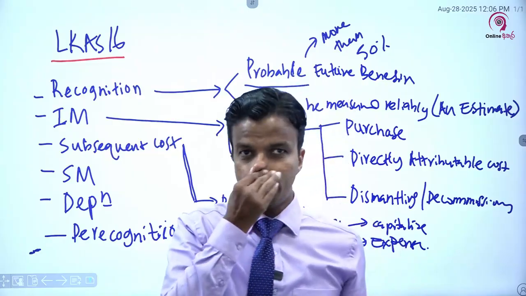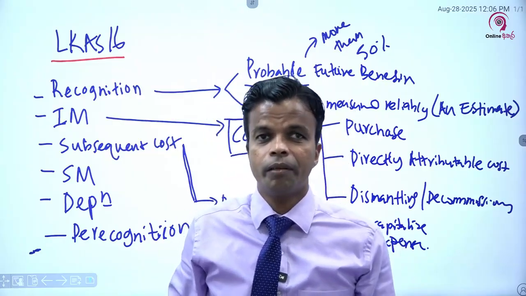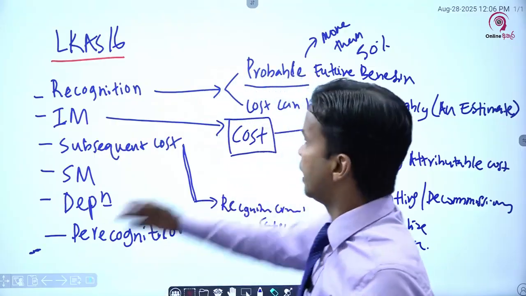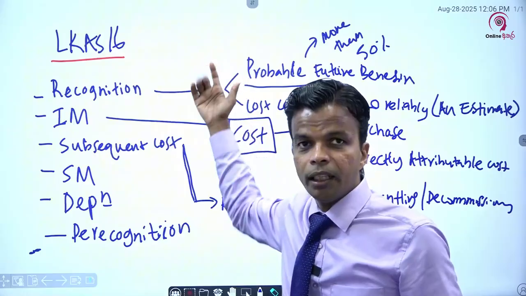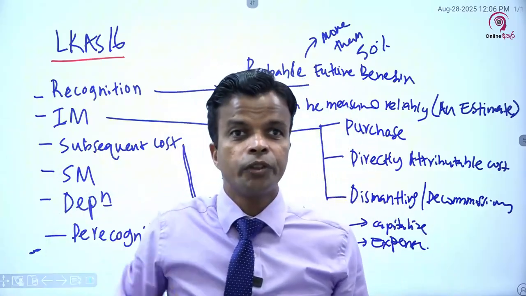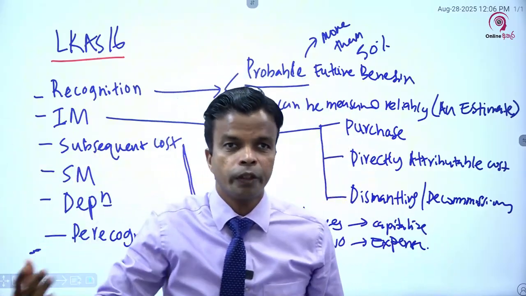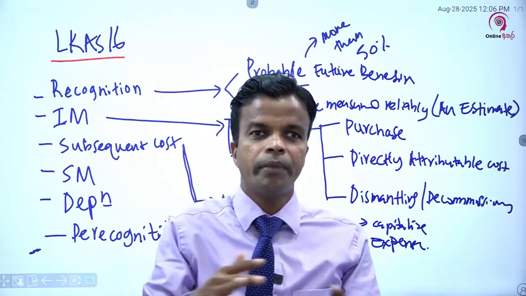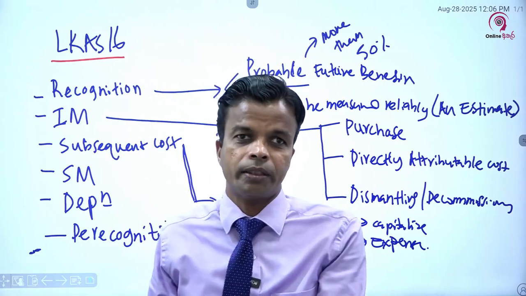So, normally repairs and maintenance mean subsequent costs that you have incurred for PP&E, but they will not necessarily enhance the future economic benefits of the underlying asset. Because of that, normally repairs and maintenance you charge to P&L as an expense.